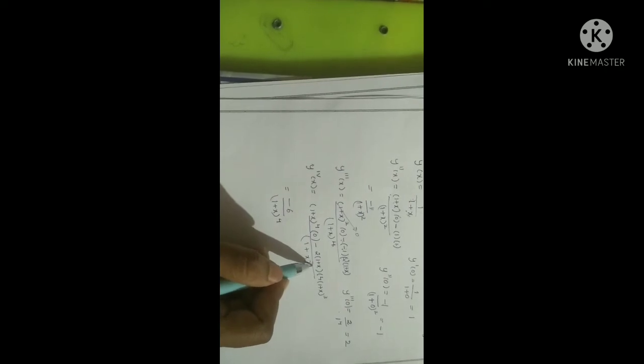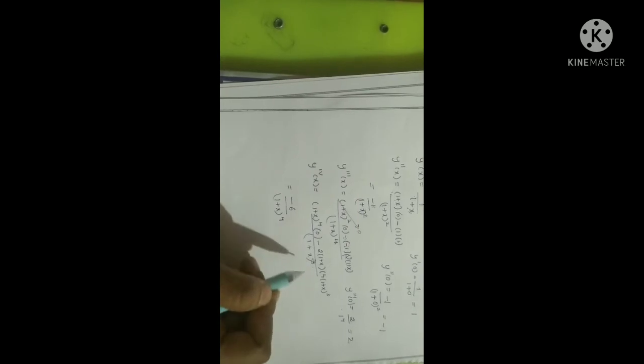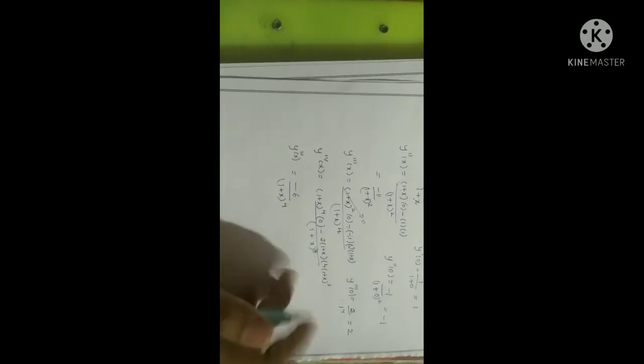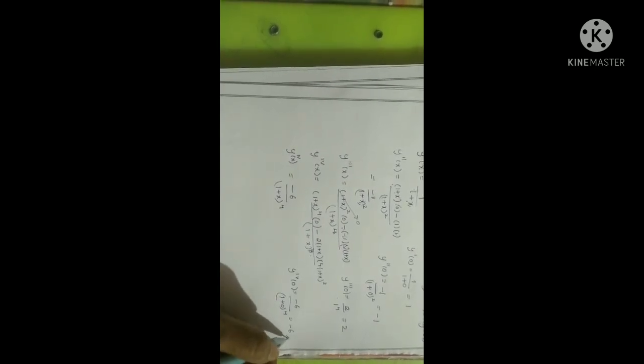Further you will get minus 6 divided by 1 plus x whole to the power of 4. Then y to the power of 4 of 0 equals minus 6 divided by 1 plus 0 whole to the power of 4, equals minus 6.